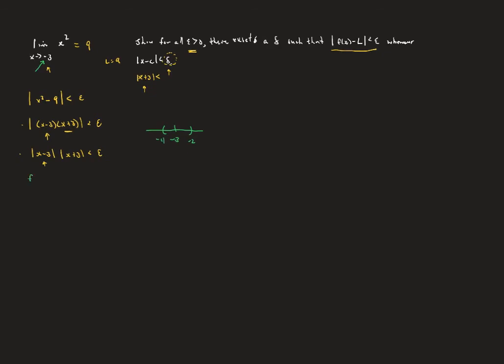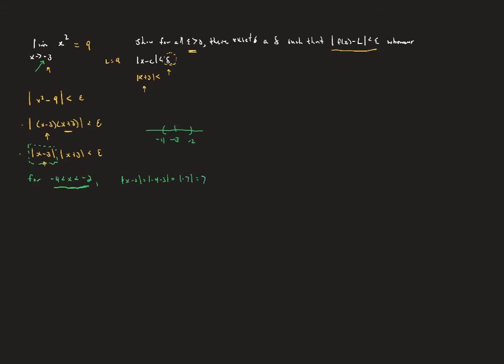I'm going to say for negative 4 less than x less than negative 2, then I can claim that this x minus 3 in absolute value, the biggest it can be on this interval would be when x is negative 4. And if x was negative 4, then the absolute value of x minus 3 would be the absolute value of negative 4 minus 3, which is the absolute value of negative 7, or 7.